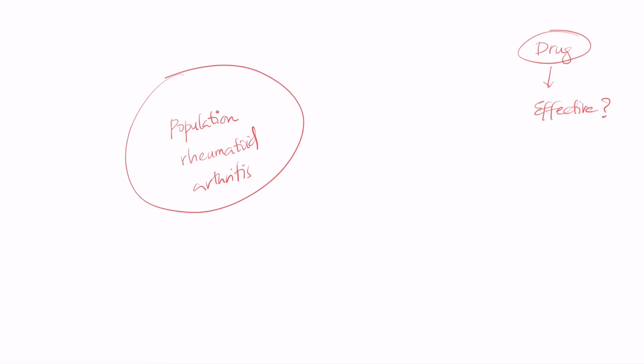Understanding the effectiveness of a drug is itself an understanding of how deductive or inductive reasoning works. Because we cannot test it on the total population of every person with rheumatoid arthritis, what we do is take a small sample from that population. Remember that we are basically taking a small part of that population and we are testing this drug on this sample.